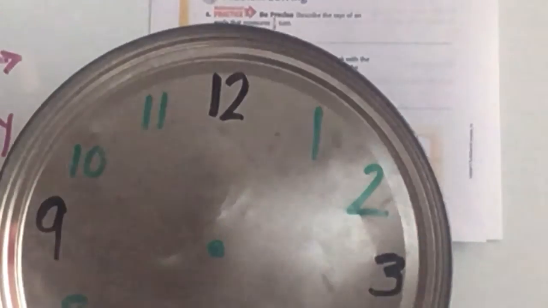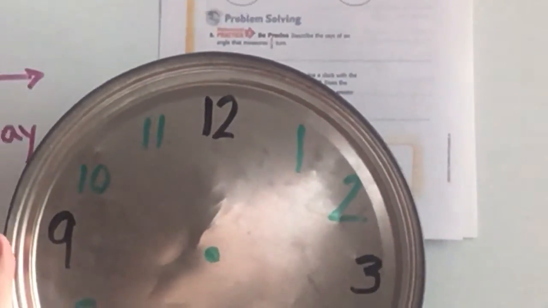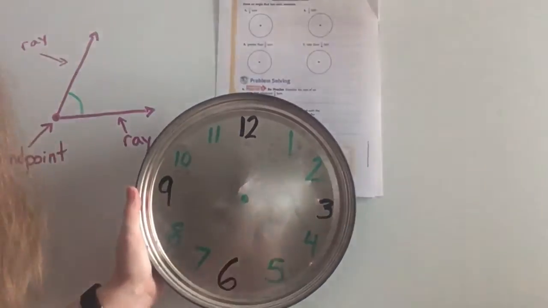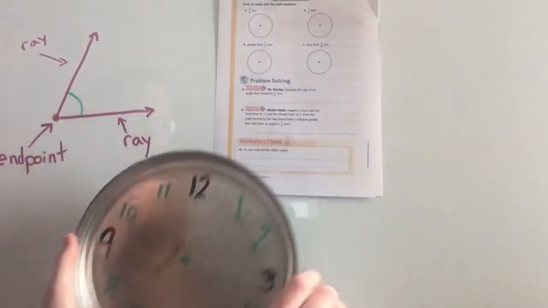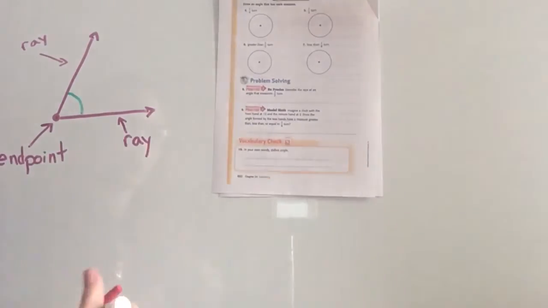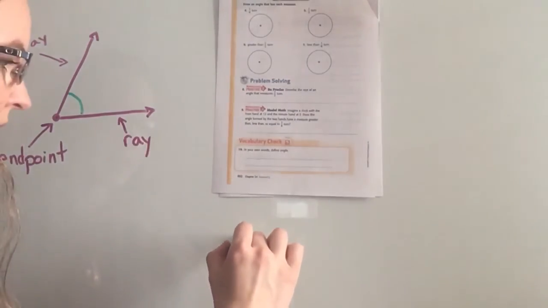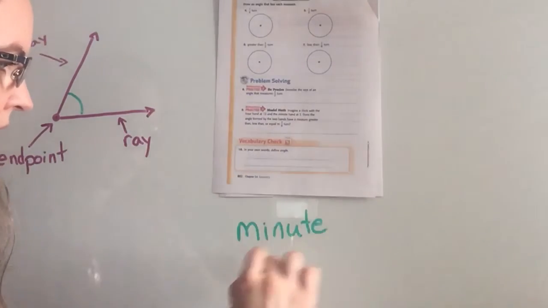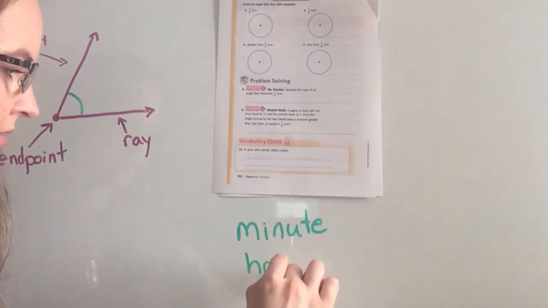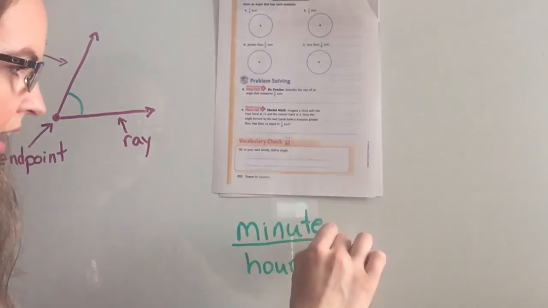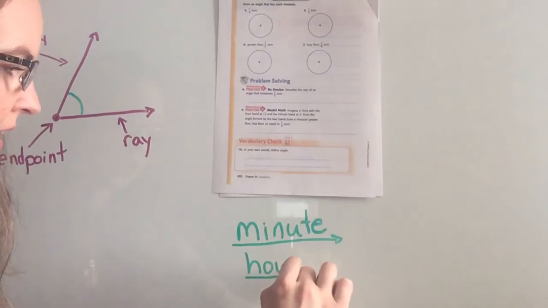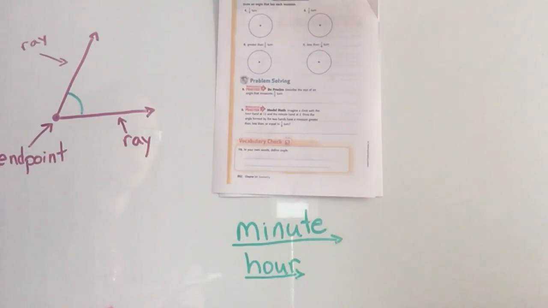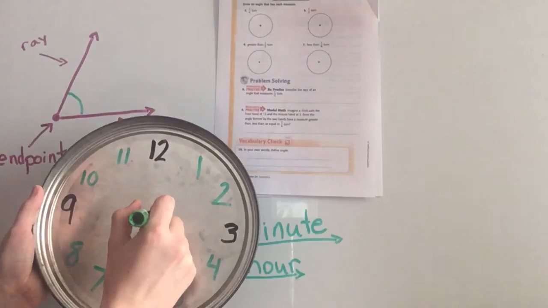I'm going to zoom out again. Okay, and remember, an hour hand is shorter. So if I write the word minute, and I write the word hour, the minute hand is longer, the hour hand is shorter, it points to the hour.